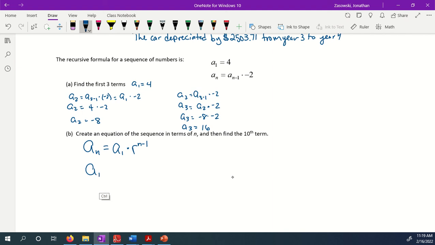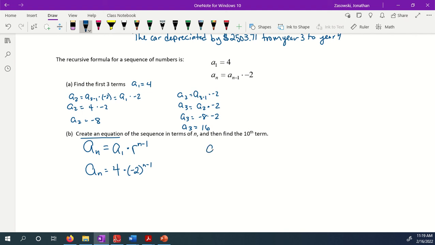Actually, time out. We need to plug in to get the formula first because it does say create an equation. So an equals the first term, which is 4, times r. R we know is going to be this guy on the end here. And you can kind of see we're multiplying by negative 2 to get there. So it's negative 2 to the n minus 1. There's our formula. That's the first step.